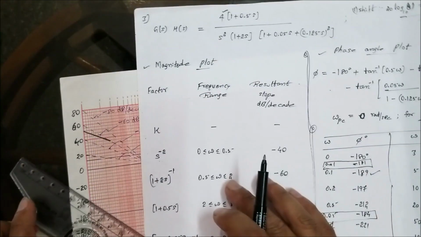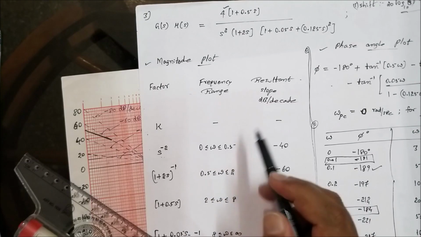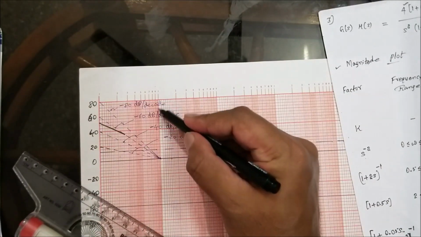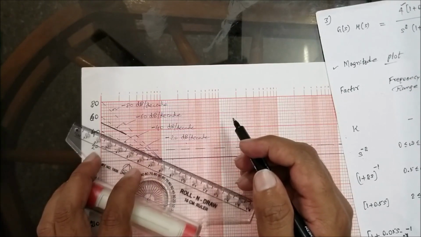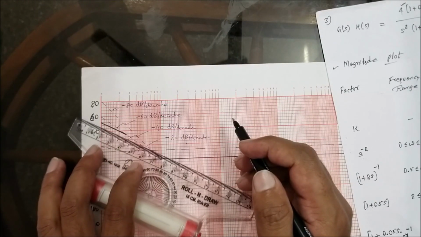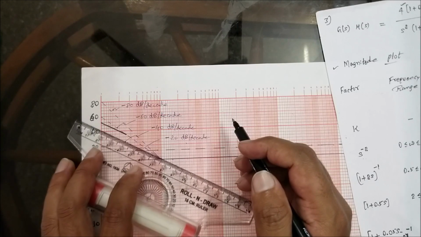But here the frequency varies from 0 radians per second to 0.5 radians per second. This is 1 radian per second, therefore I cannot directly connect the shift from 0 to 1 radian per second, that is the minus 40 decibels per decade line.